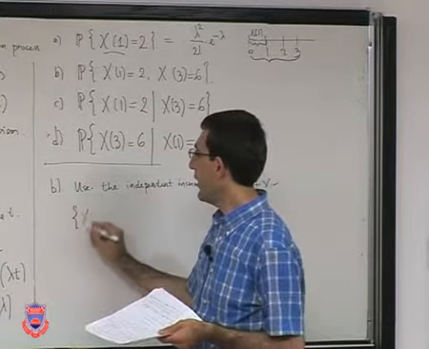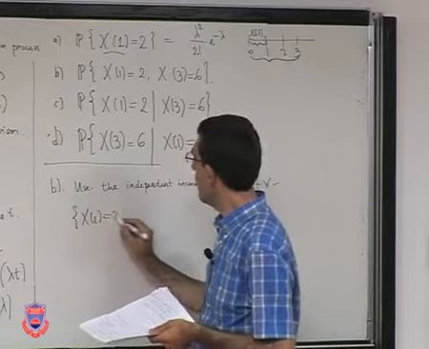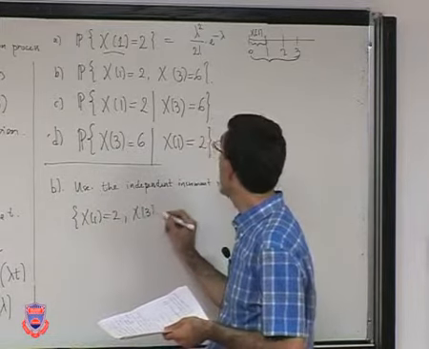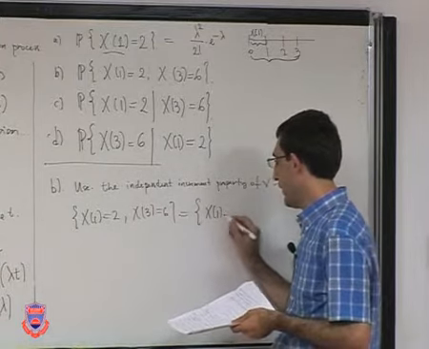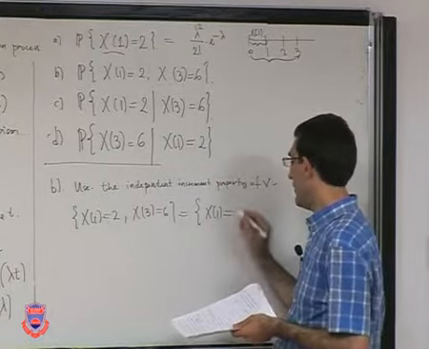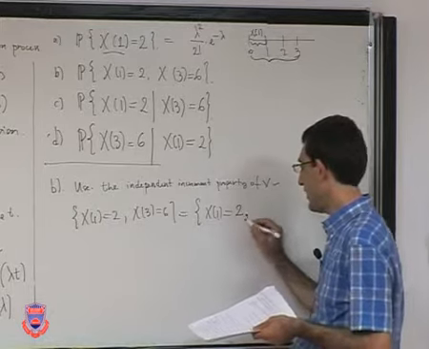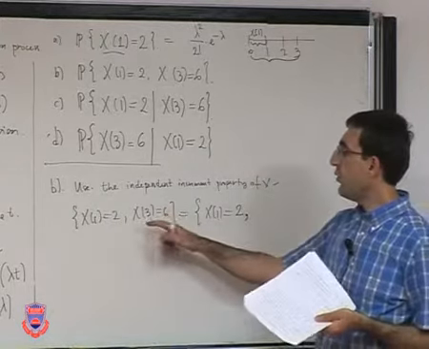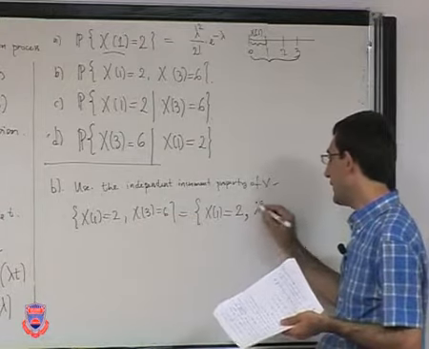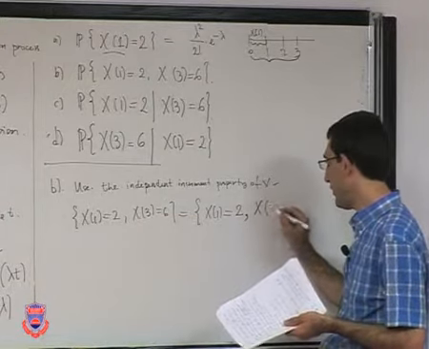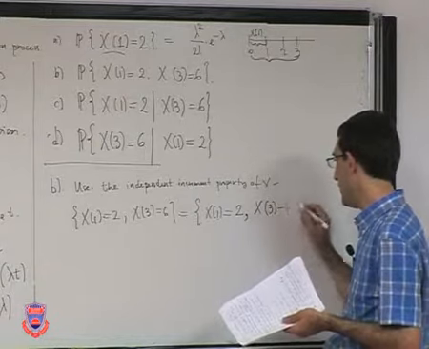Before you worry about the probability, you look at this event and realize that it is the same as this: until time 1, exactly 2 customers enter the system. And for us to have exactly 6 until time 3, we must have exactly 4 customers enter between time 1 and time 3.